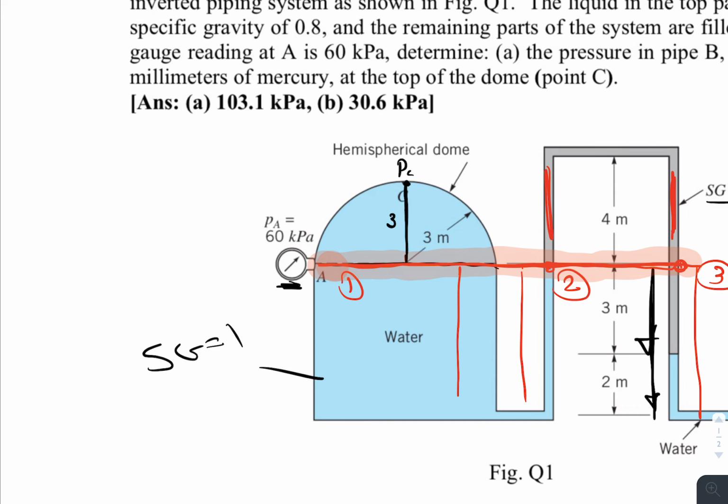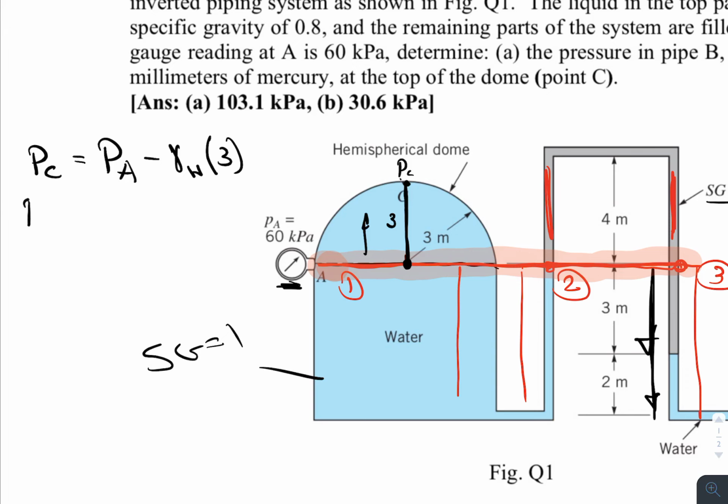It's the weight of fluid acting here that determines the pressure, and we know that the pressure along this red line is 60 kilopascals, so the weight of fluid upwards means we'll get a lower pressure. So we can say that PC is equal to PA minus, because remember now we're moving upwards, minus gamma of water times 3 meters.